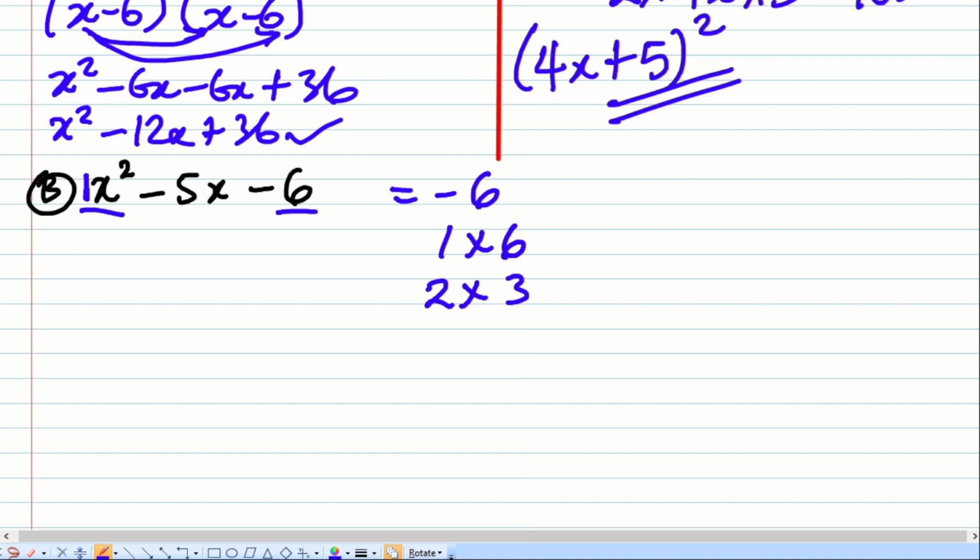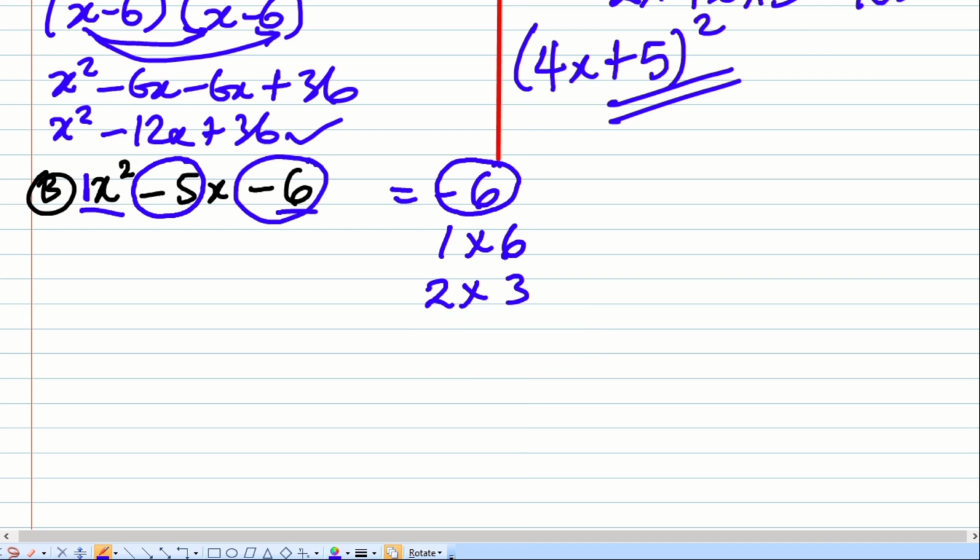So you're going to say, what are the two factors such that when I add them, I should get negative 5, the middle term, and when I multiply, I should get negative 6. There are many things to consider if you're doing this. Now you're going to consider the last term here, which is negative 6.